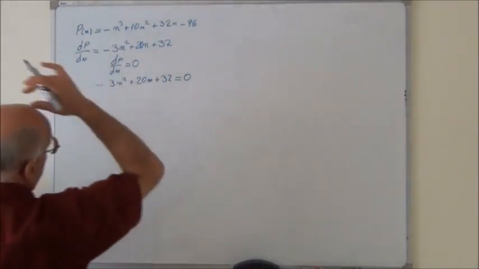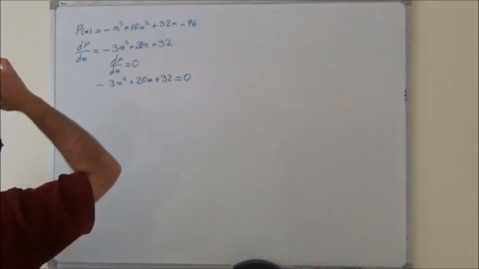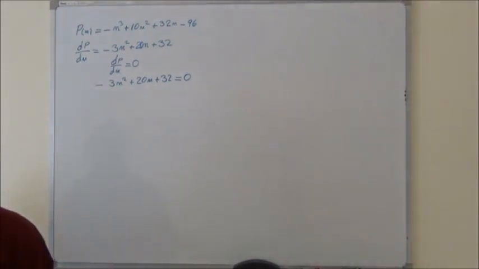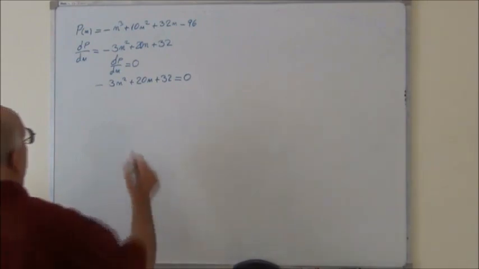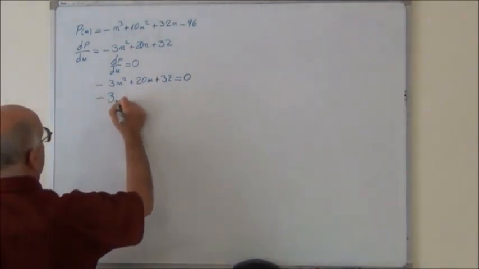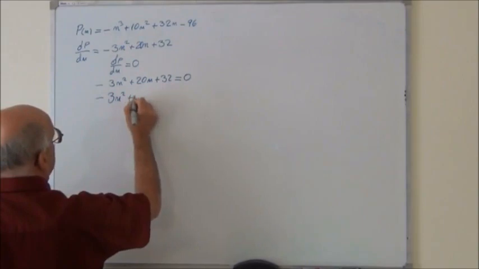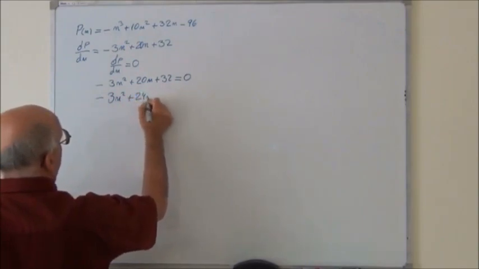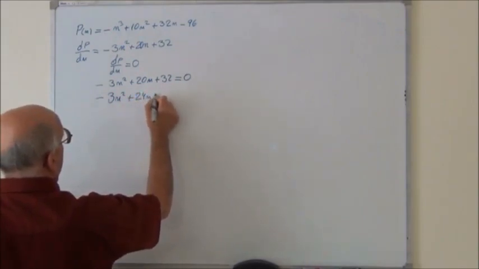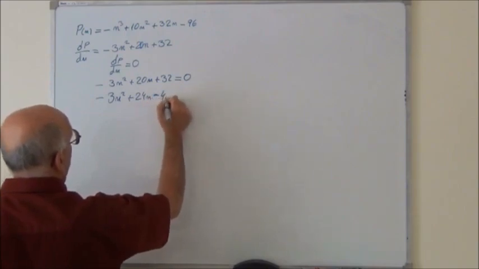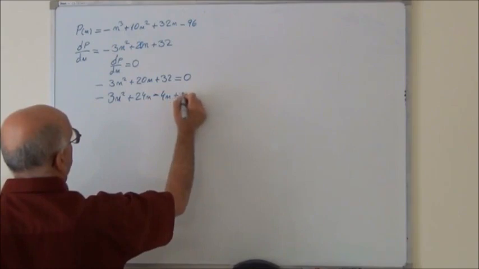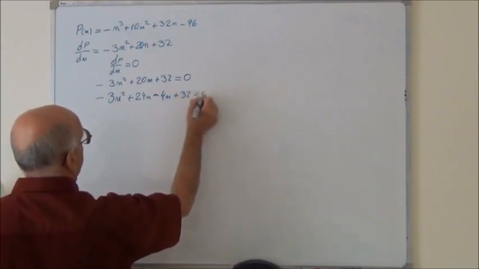So 3 times 32 is 96, and 20 is 24 minus 4. So minus 3n squared plus 24n minus 4n and plus 32 equal to 0.